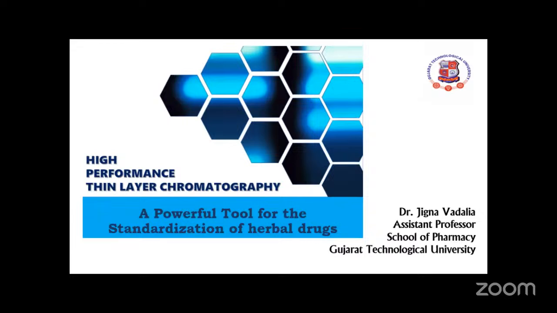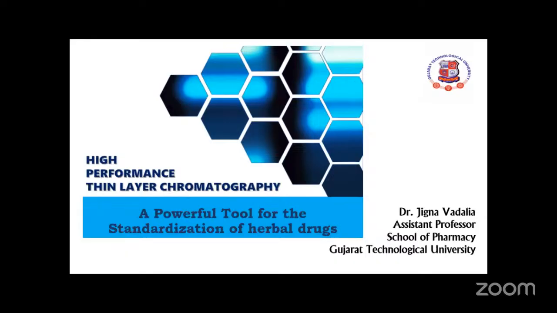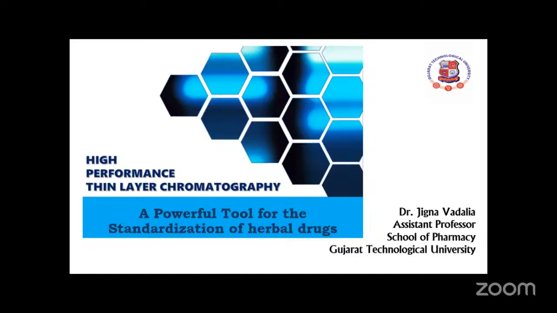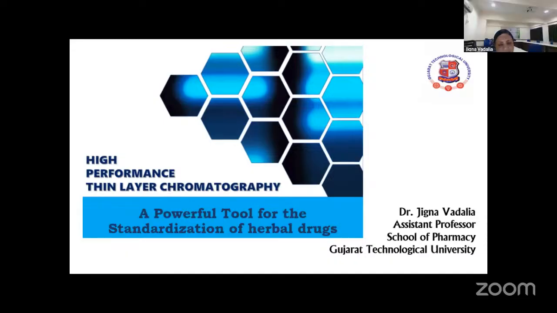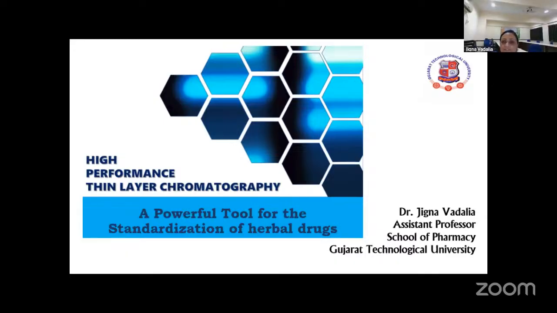While in HPTLC there is a spray-on technique, they just spray the sample. So there is some space between the HPTLC needle and the HPTLC plate or the stationary phase, so there is no damage to the stationary phase. That's why we are getting this type of resolution in HPTLC. So we are getting higher resolution in HPTLC than TLC.